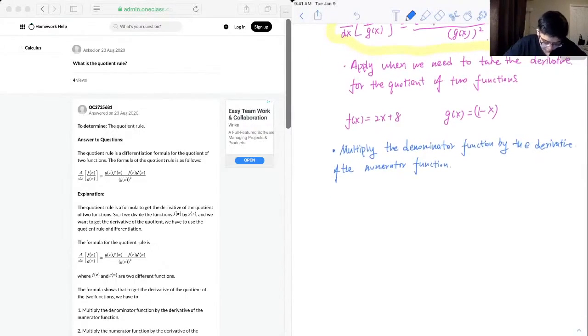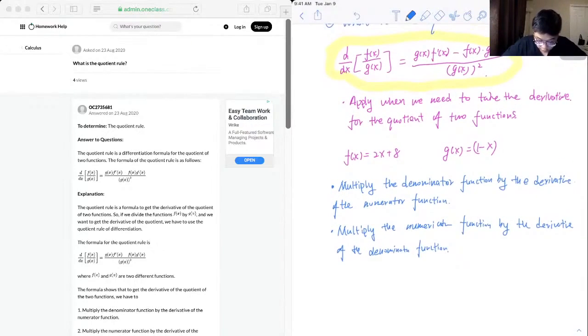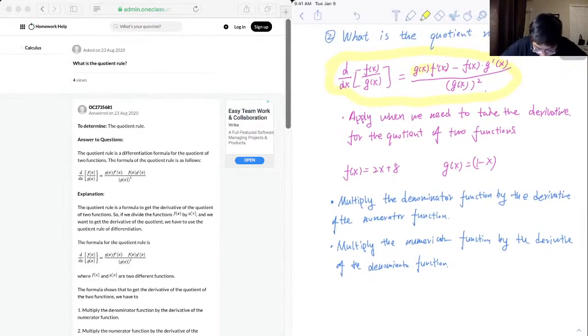And then we need to multiply the numerator function by the derivative of the denominator function. Which corresponds to g(x) times the derivative of f(x), and f(x) times the derivative of g(x) we had earlier.